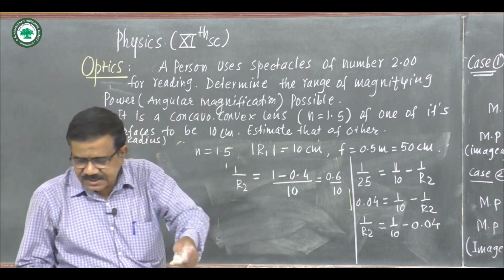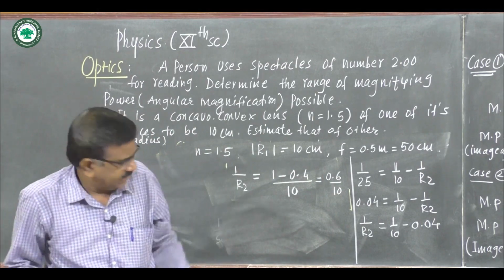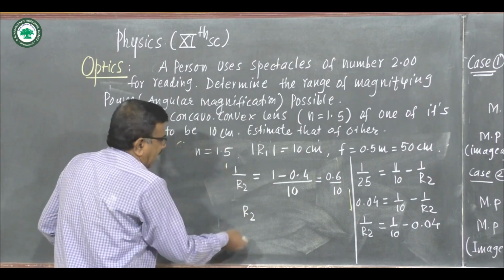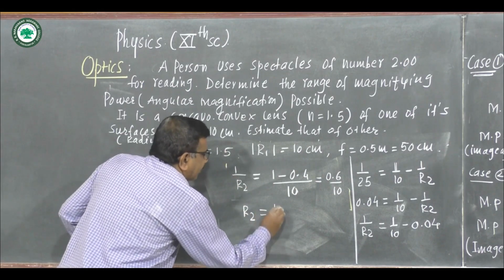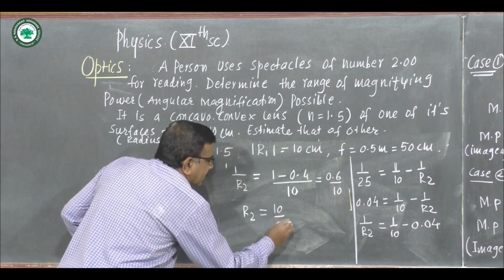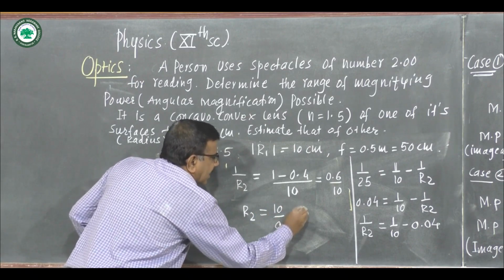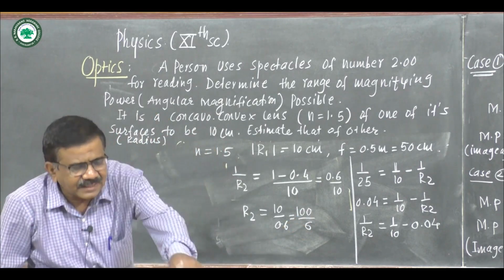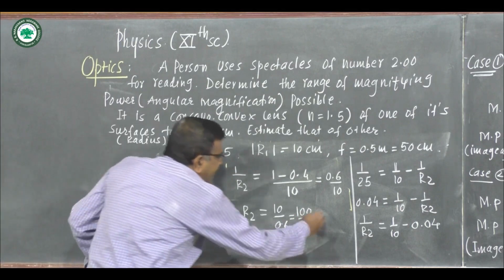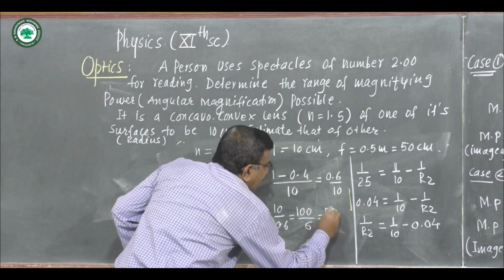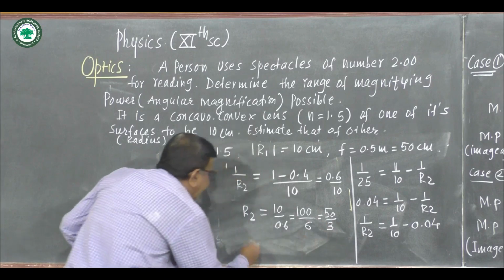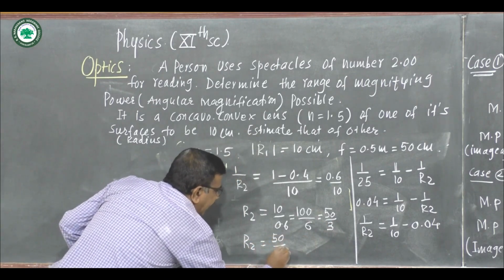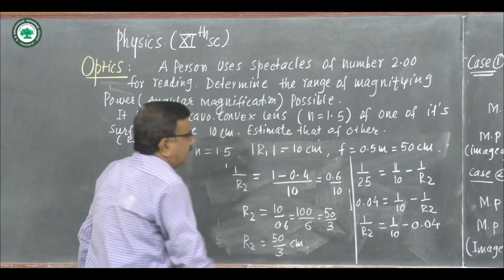So 1 upon R2 is 0.6 upon 10, and R2 is 10 upon 0.6, taking the reciprocal. We write it as 100 upon 6, or 50 upon 3. So the radius of curvature of the other surface is 50 upon 3 centimeter. This is our second answer.